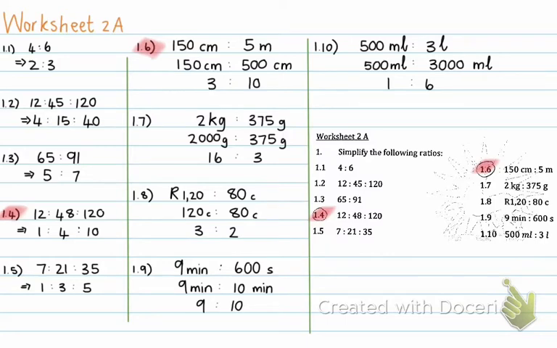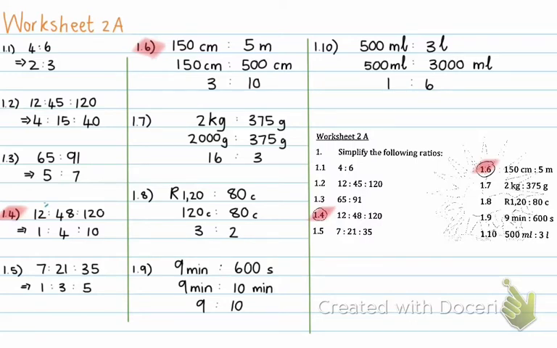At 1.4, they ask you to simplify the following ratio. Now, to simplify this ratio, I have to divide all those numbers, 12, 48, and 120, with something so that it gets smaller, so that it simplifies, okay? So I saw that I can divide all those numbers with 12.